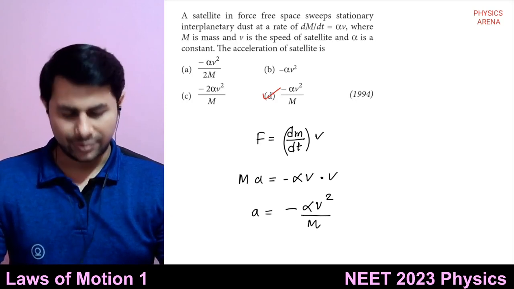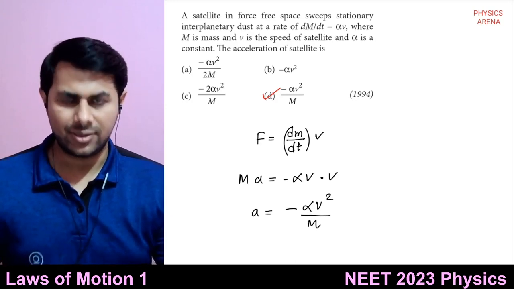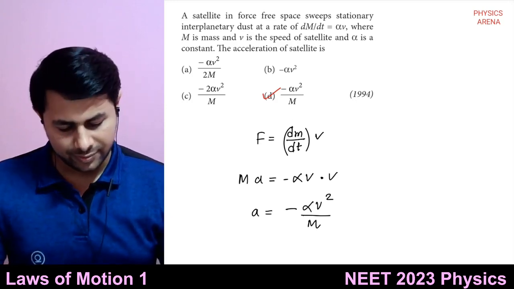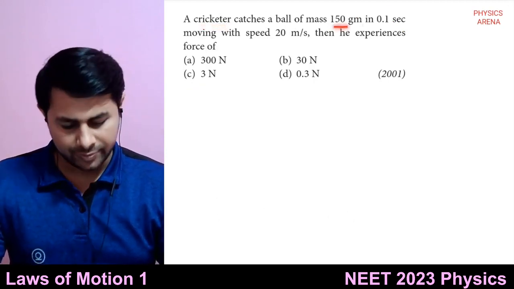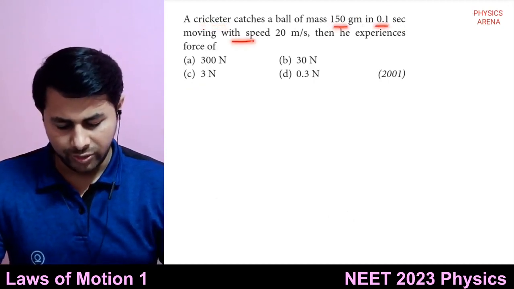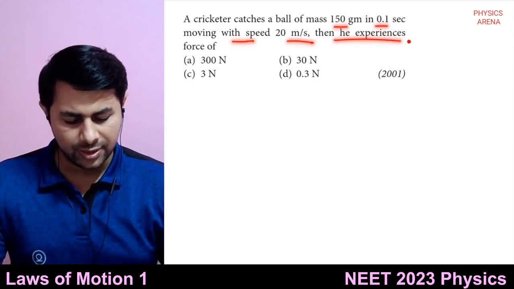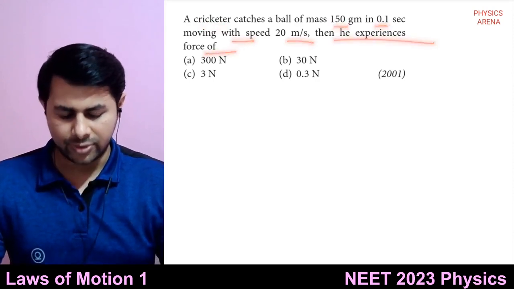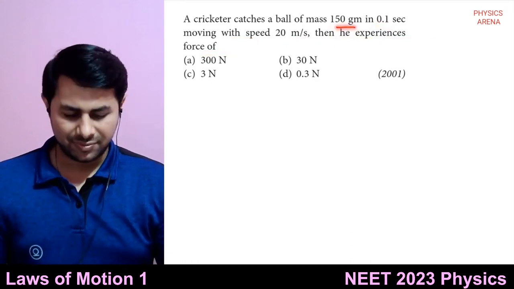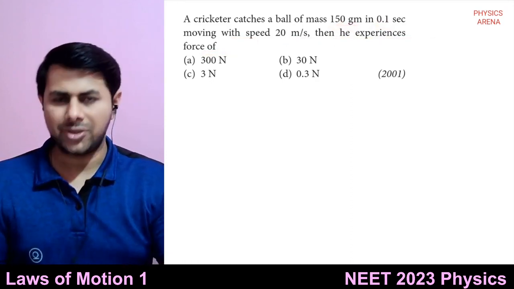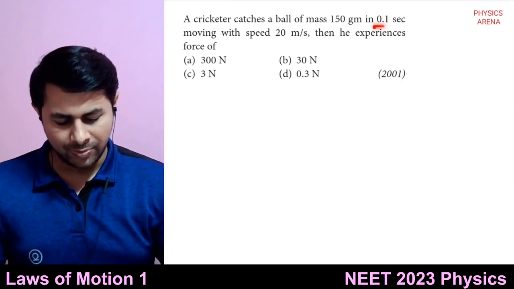A lot of questions have been asked based upon this thing. A cricketer catches a ball of mass 150 gram in 0.1 second, moving with speed of 20 meters per second. Then he experiences a force of. This is very simple. He catches a ball, so the final velocity of the ball will be 0 in 0.1 second.